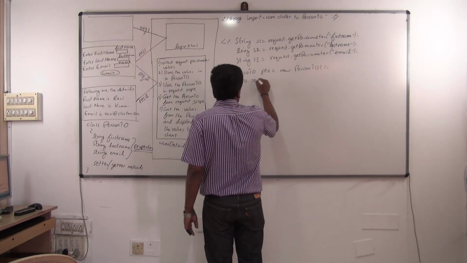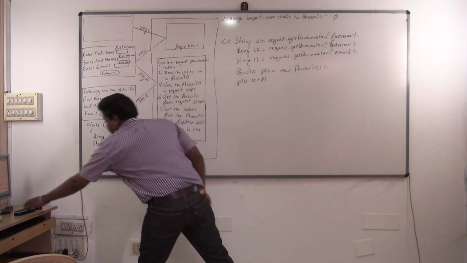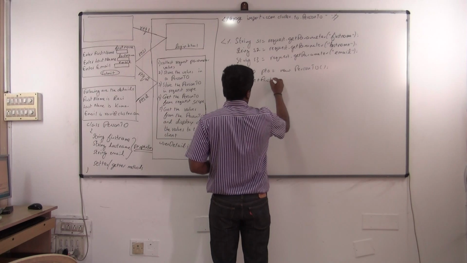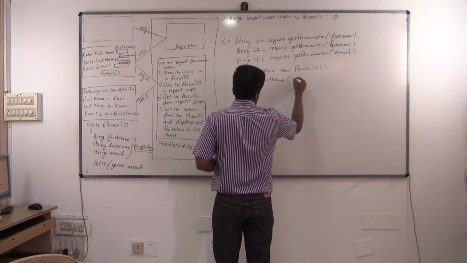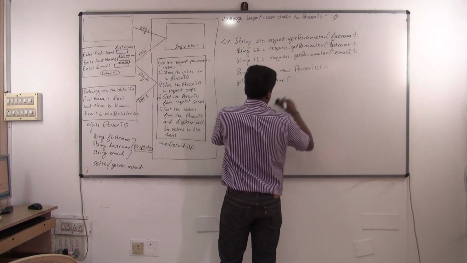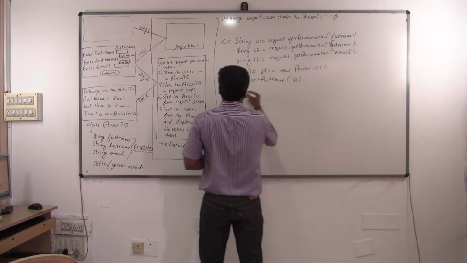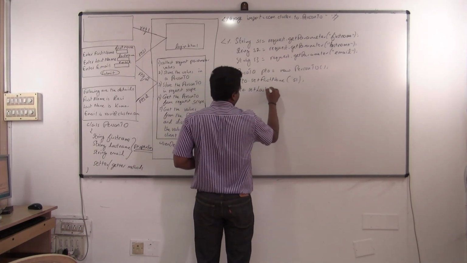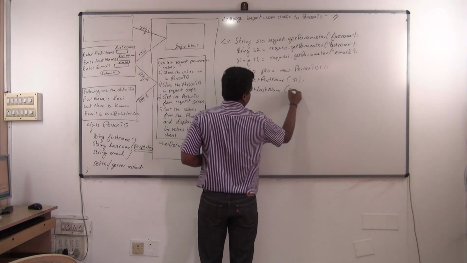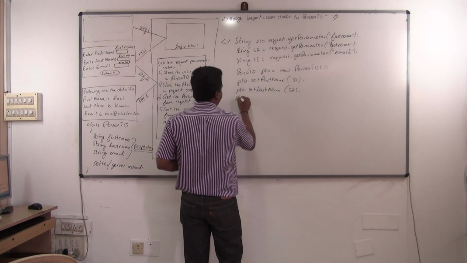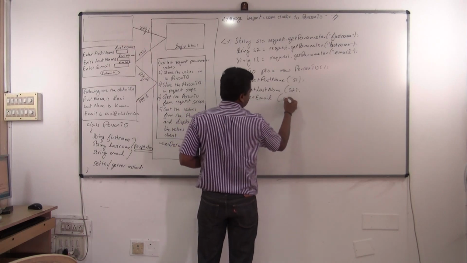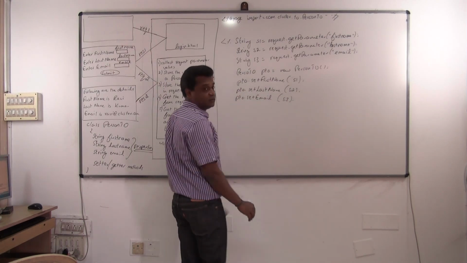PTO.setFirstName of S1, PTO.setLastName of S2. Then PTO.setEmail, you call the setters with S3.